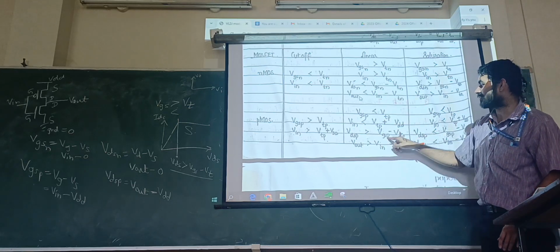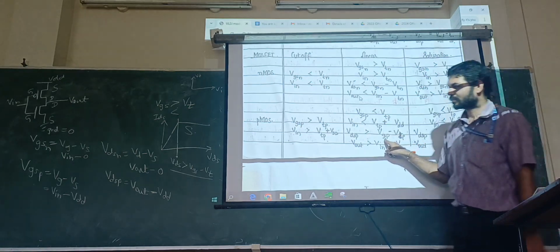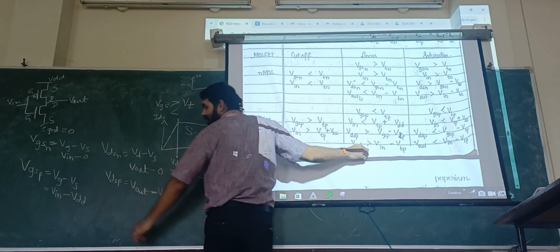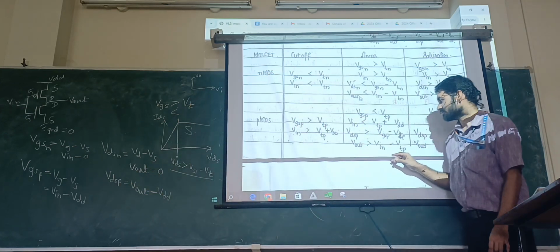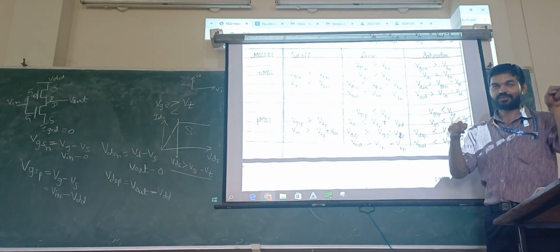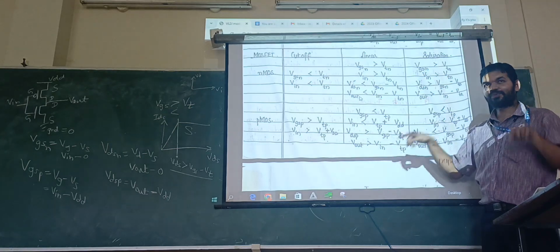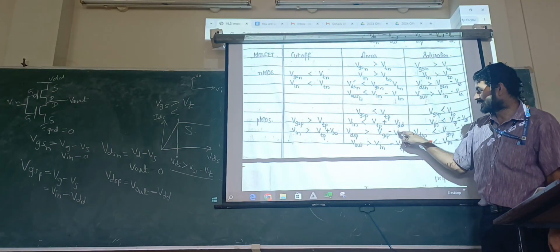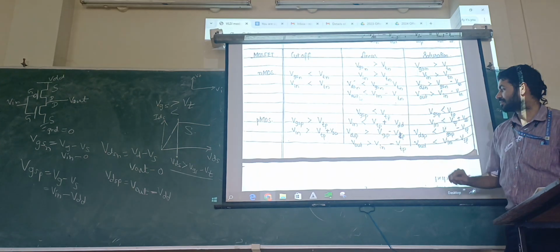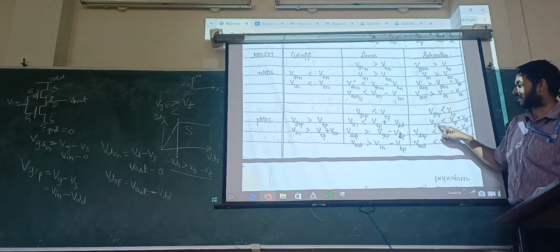VGSN minus VDN is VGSP minus VDP. So VGSP is V minus VDD. We have to cancel out top Vout minus VDD. V minus VDD. Two VDDs cancel, minus VDP remains. Greater than becomes less than.